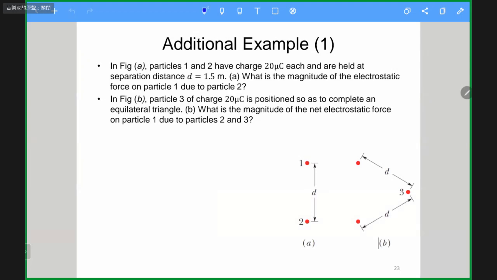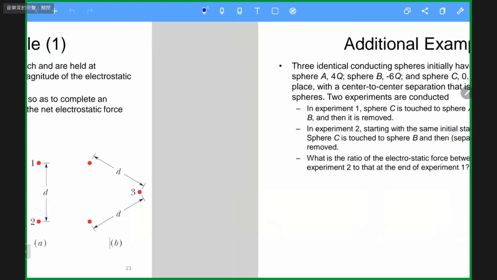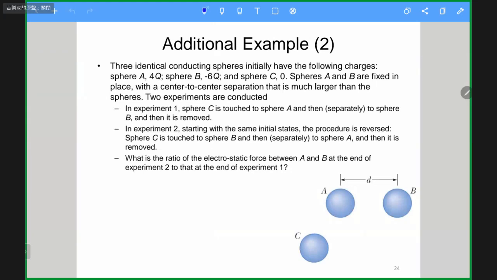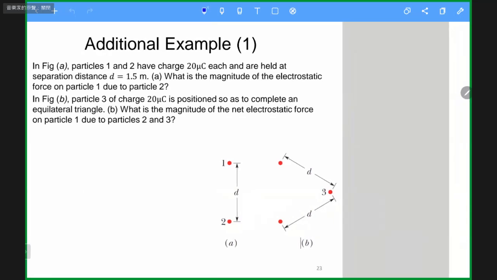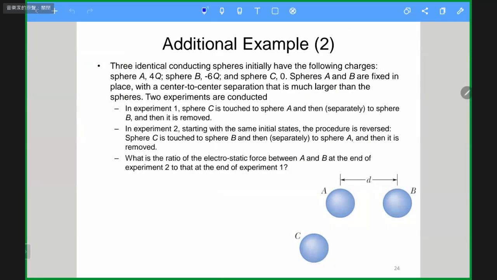I don't think I need to do this one. I just skip this. So we still have an additional problem to finish off this chapter. So let's see. Here, it says three identical conducting spheres initially have the following charges.